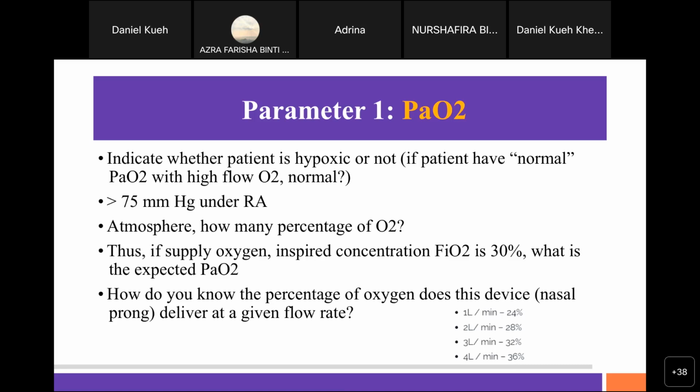You can see that if I give a supply of 1 liter, it will be 24%. If I give 2 liters, it will be 28%. So if I want to give 30%, then I give 3 liters per minute.